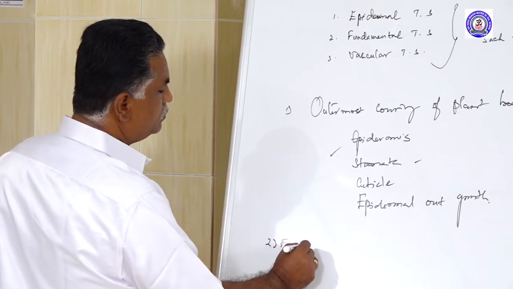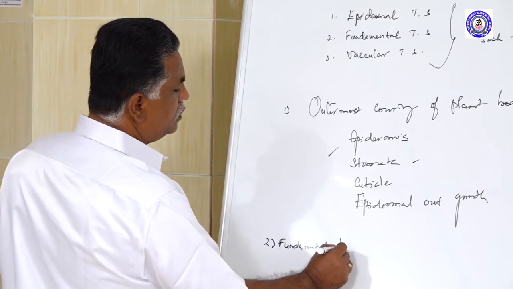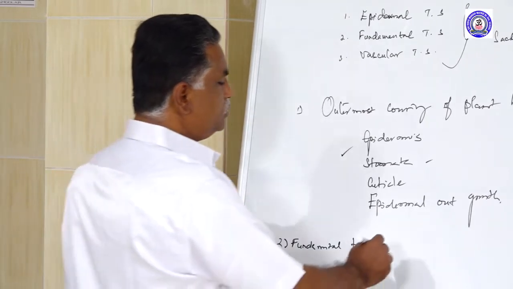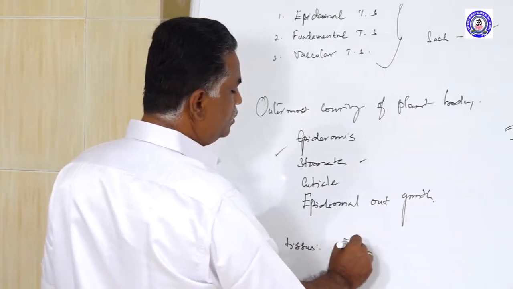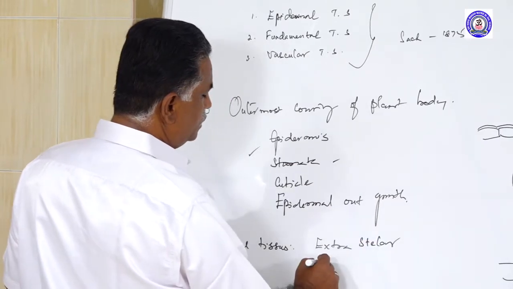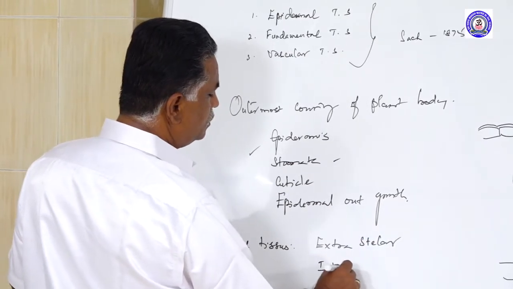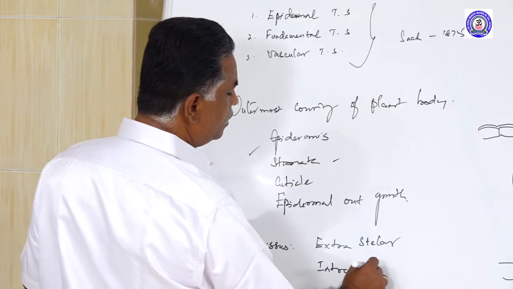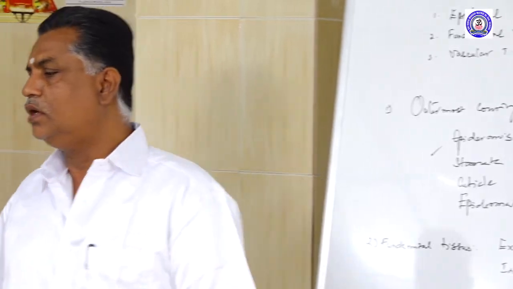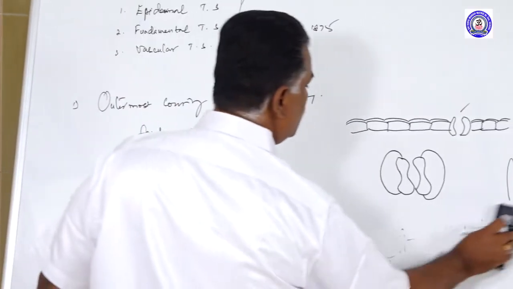Then fundamental tissue. Fundamental tissues are of two types. One is extrastellar and the next is intrastellar. What are extrastellar ground tissues?